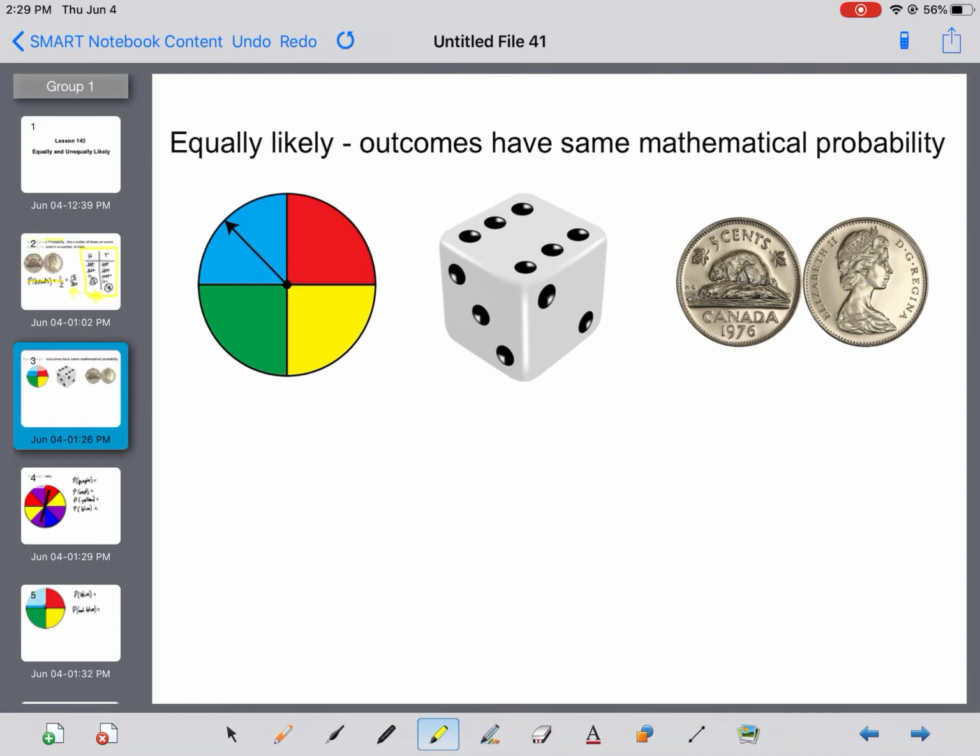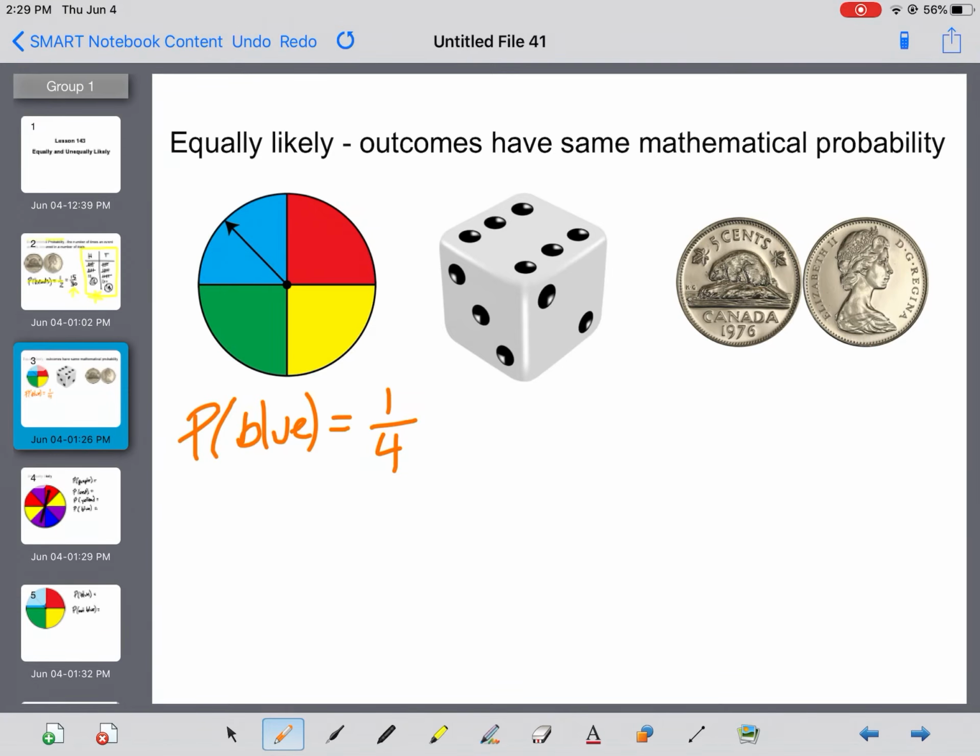All right, moving on to things that are equally likely. All of our examples so far have been using scenarios that are equally likely, which just means all of the outcomes have the same mathematical probability. So if you look at this spinner here, the probability of spinning blue is 1 out of 4.